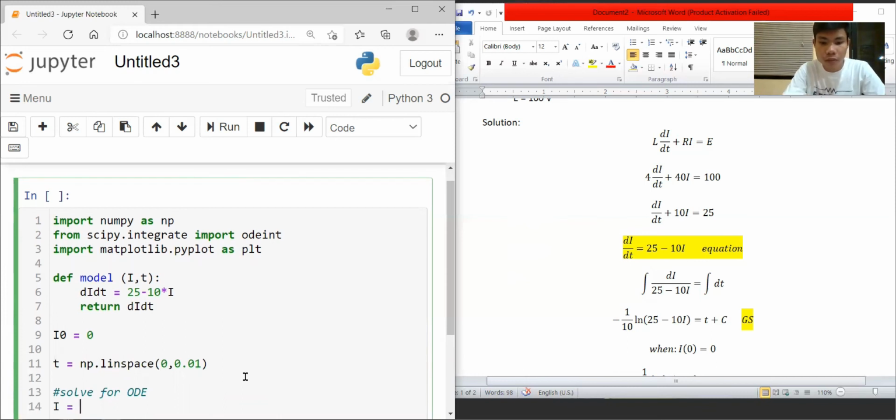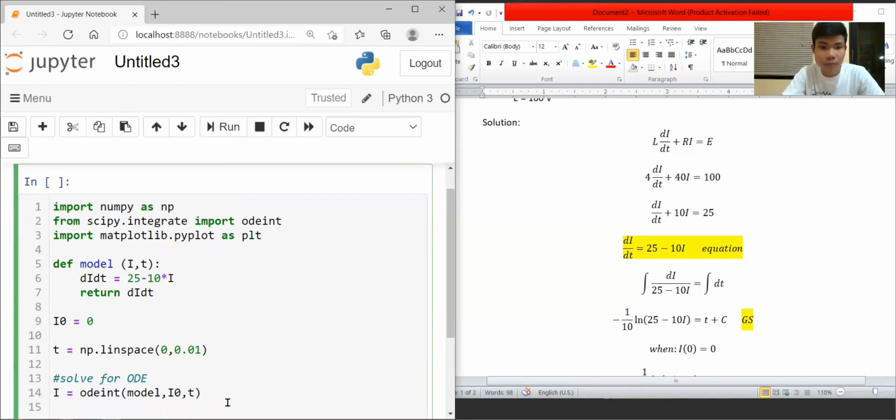So our I was to our package ODE, model and our initial condition and the time. And then, para makita natin yung result ng I, we have to print the I.